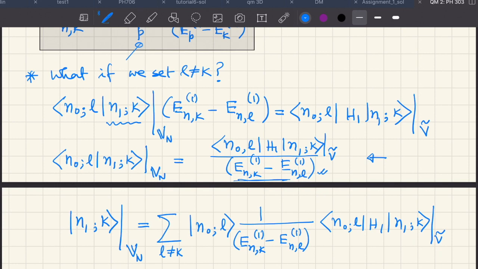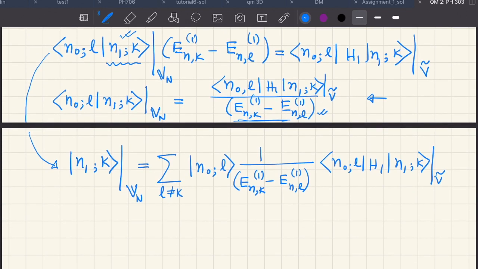We just had done this thing from here. We just had to figure out what is this state N1K. So we just introduced this complete sum here, and we had written this.